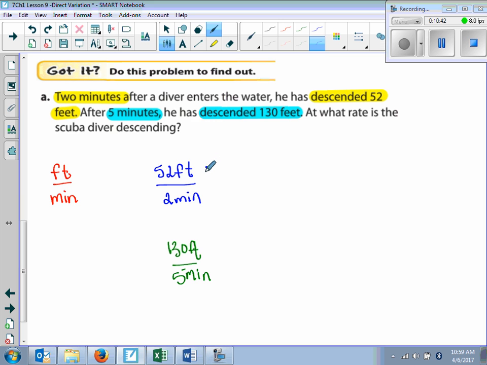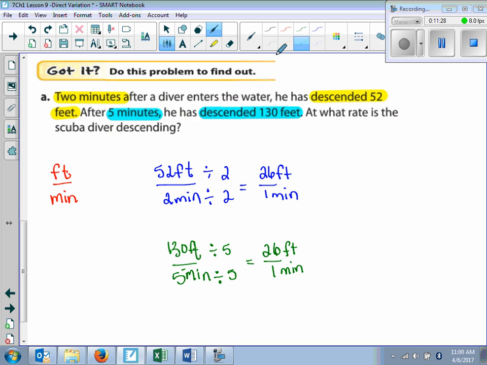We divide the numerator and the denominator here by 2. What are you going to get? 26 over 1. So that's 26 feet in 1 minute. Now for the second rate, we change that to a unit rate by dividing by 5. Very good. That's also 26 over 1, 26 feet in 1 minute.